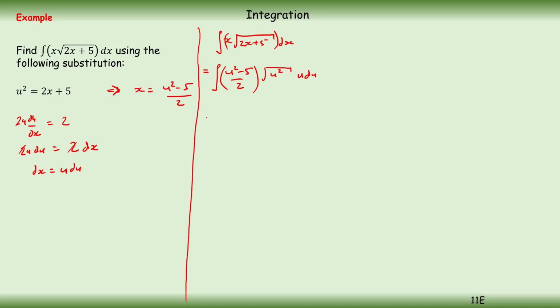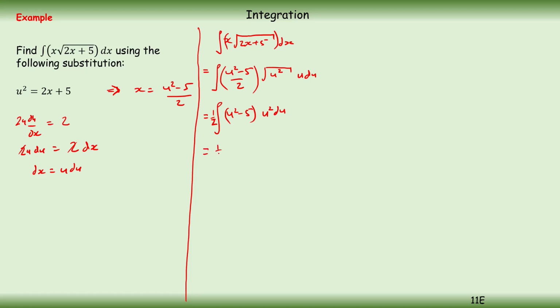So if I expand and simplify, I've got the integral. I'll take the half out, makes it easier for now. u squared minus 5, square root of u squared is u, times another u, so that's u squared du.